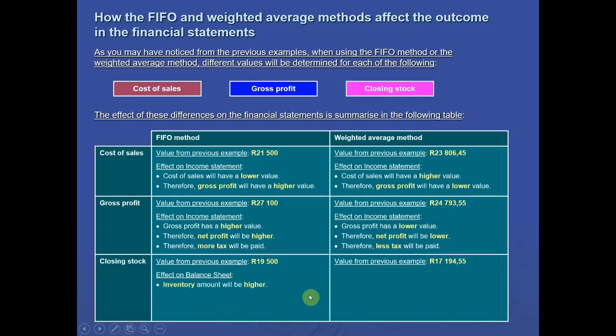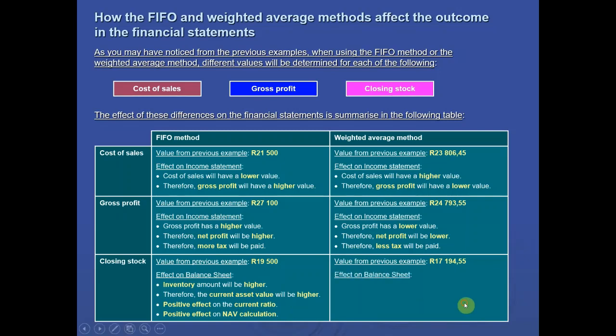So the inventory amount is higher, and therefore our current assets value will be higher, because inventory we know forms part of our current assets, which has a positive effect on our current ratio, as well as our net asset value calculation, since our assets will be higher, since our current assets are higher.